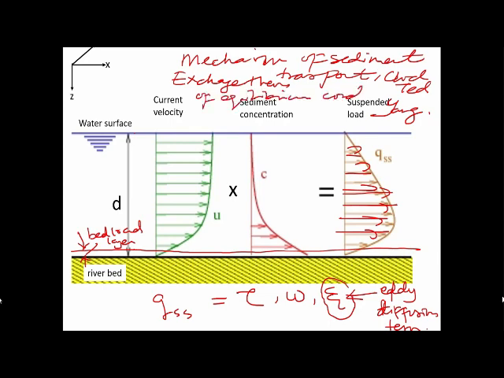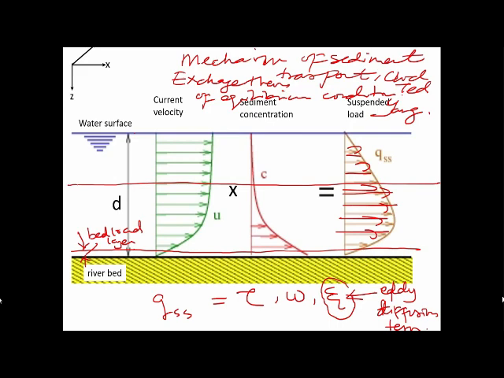So dia kata dekat dalam river kita ni, dia ada dua proses that make the sediment stay in suspension lah.